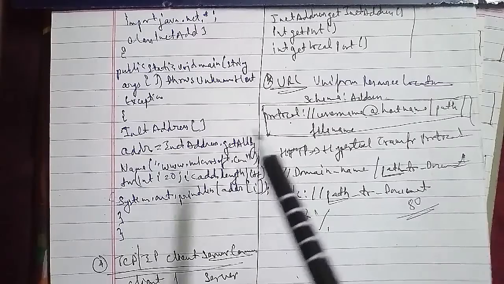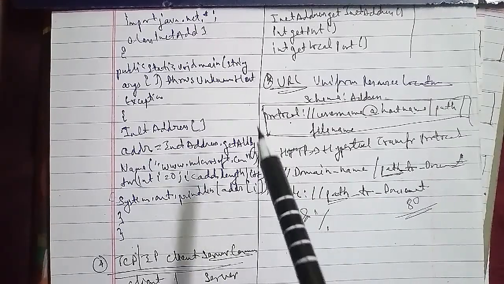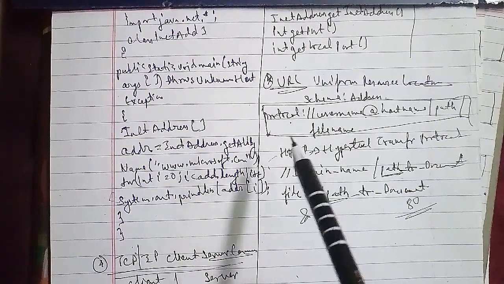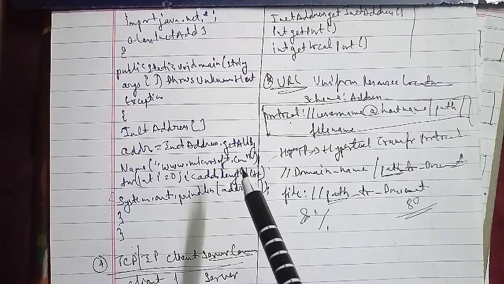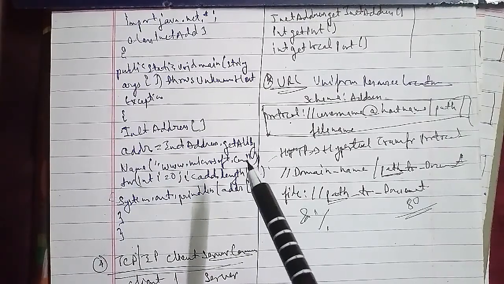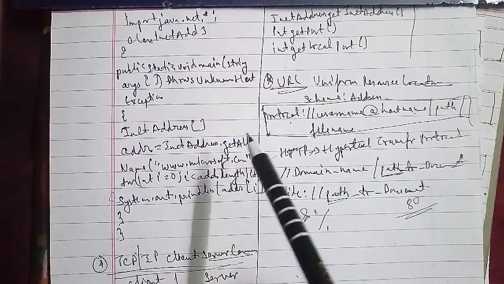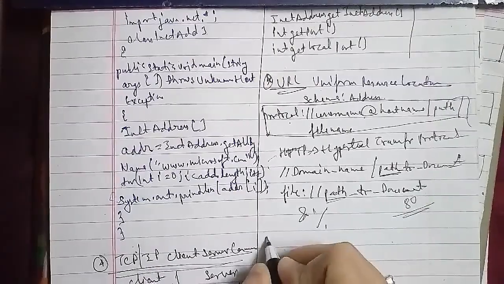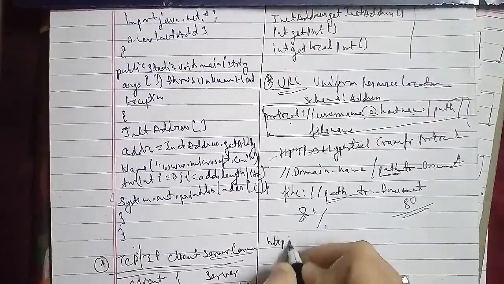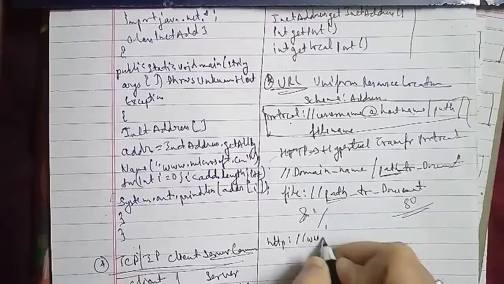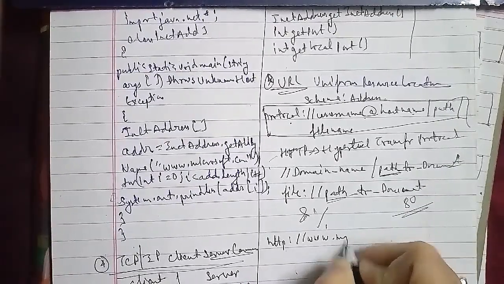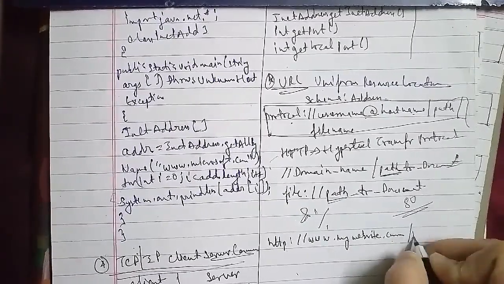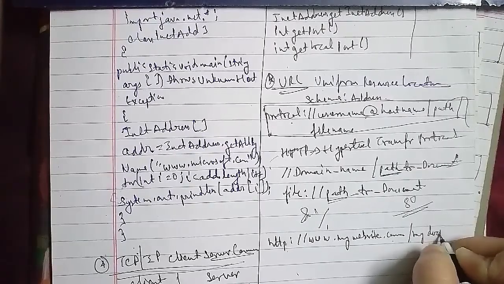The syntax to specify the URL constructor is as follows: URL(String urlString), then URL(String protocolName, String host, int port, String path).